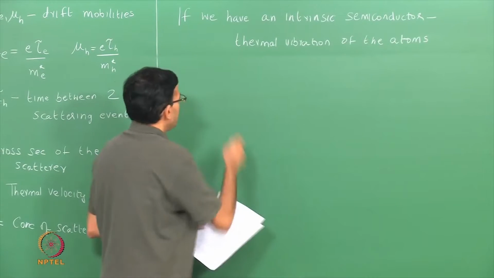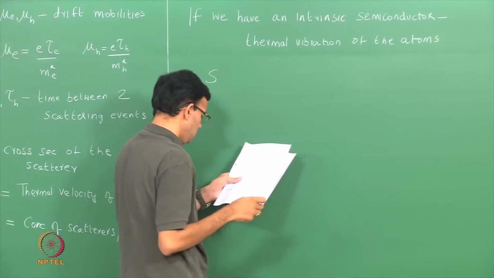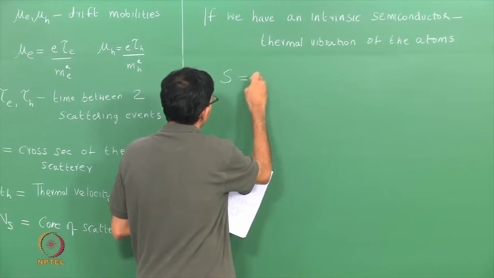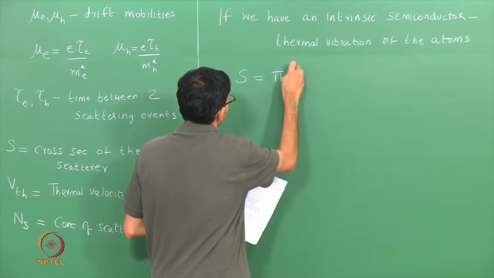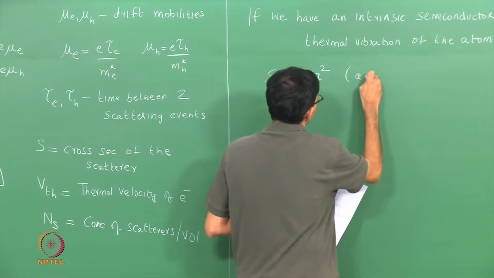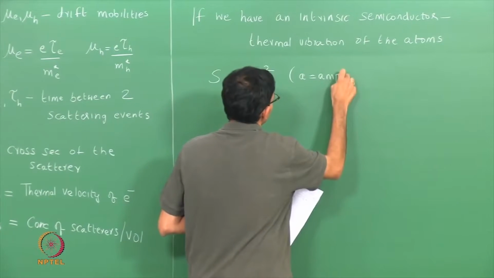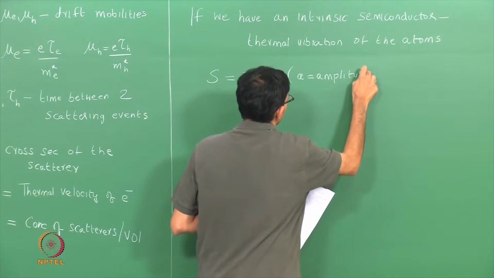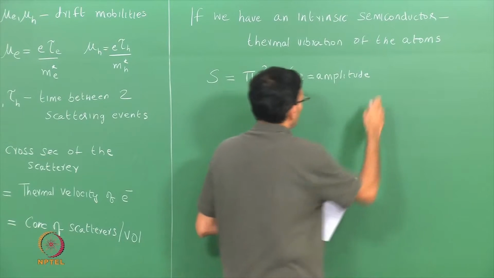So if S is the scattering cross section, S can be written as pi a square, where a is the amplitude of these vibrations.